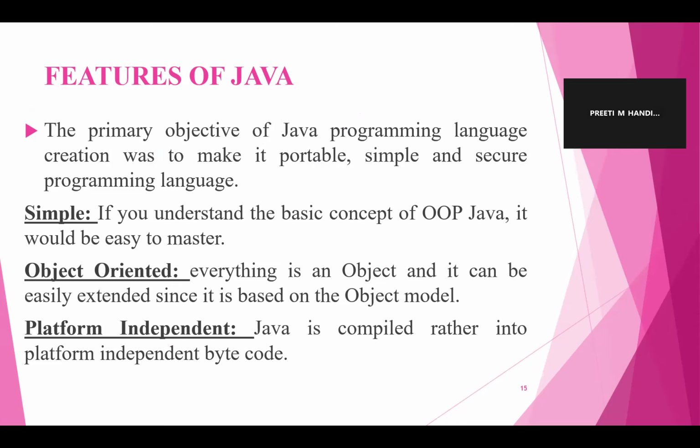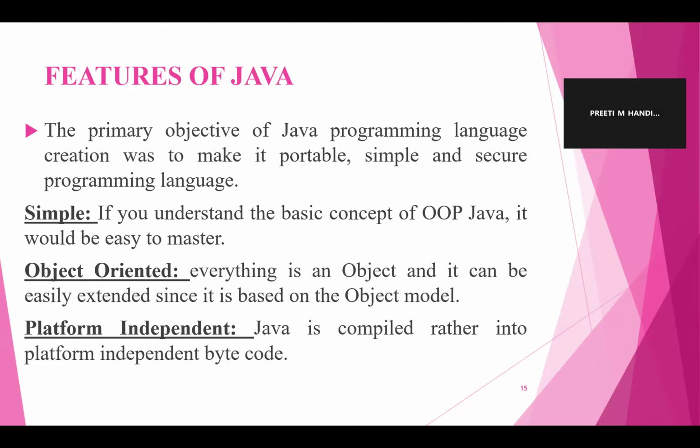Next we have some of the features of Java. These are the few primary objectives of the Java programming language, which is meant to be portable, simple and secure. Why do we call Java a simple language? If we understand the basic concepts of object-oriented programming, it will be easy to code any complex problem in Java.